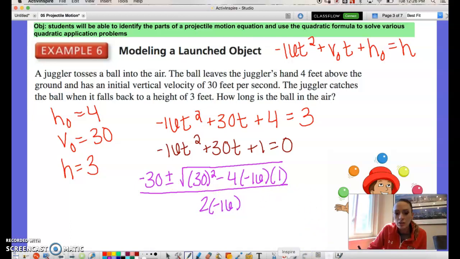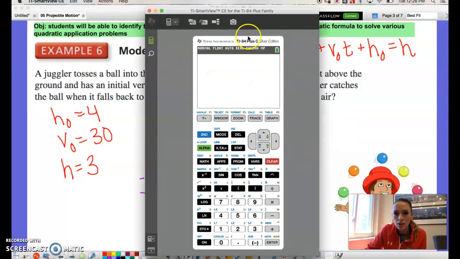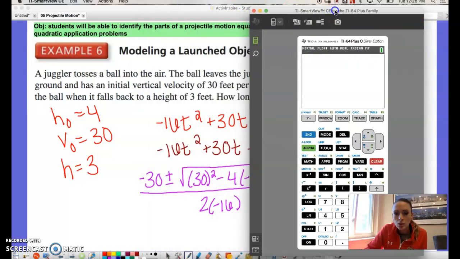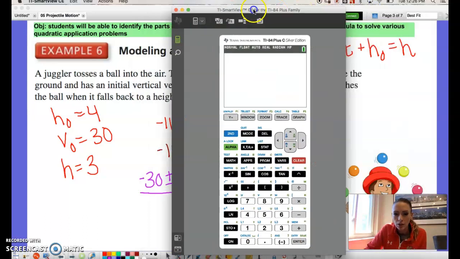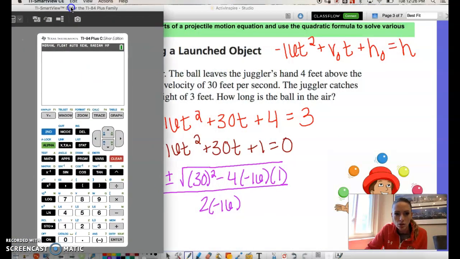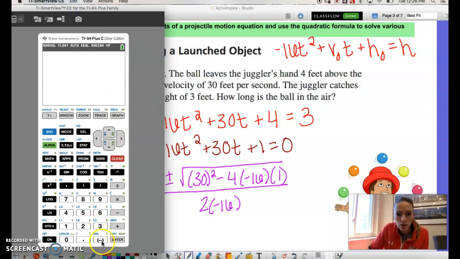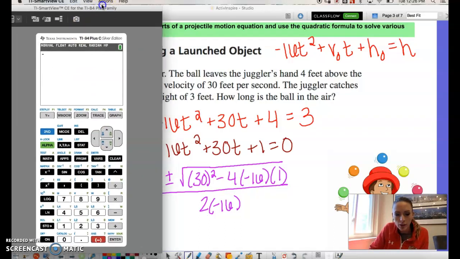You can literally put this in your calculator. I'm going to show you on this one how to put it in your calculator, but I don't think you're going to need me to show this to you every time. Just go ahead and pause me once you've written the problem down and you're ready to carry on, and then I will start right from where you left off.